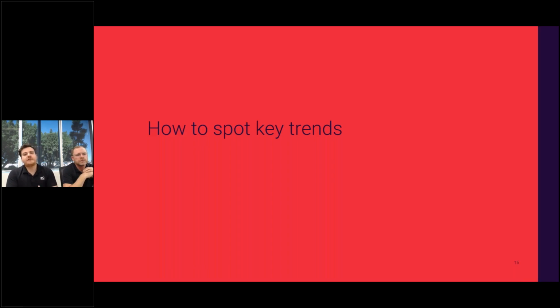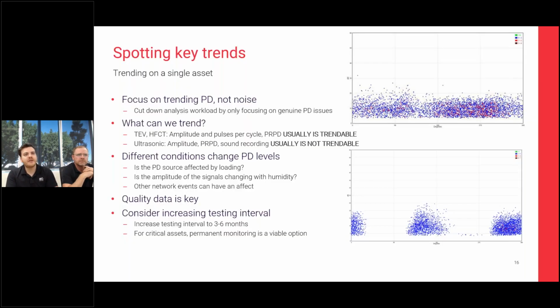So once you do have all this data and all of it has come back for analysis, how do we start to spot key trends that are appearing across our assets? And there's a couple of ways to look at it. The first one you need to look at is key trends on a single asset. And the biggest thing we can talk about on singular assets is you want to make sure you're trending genuine PD and not noise.